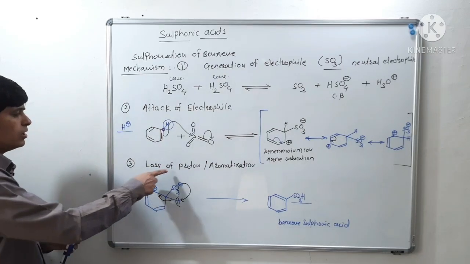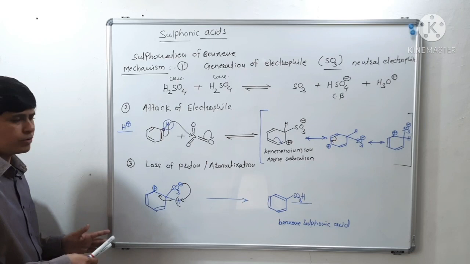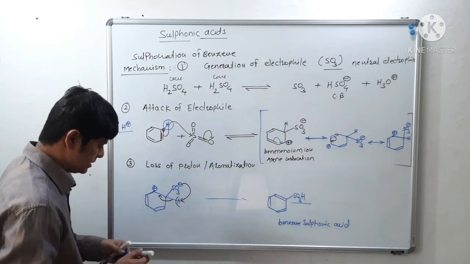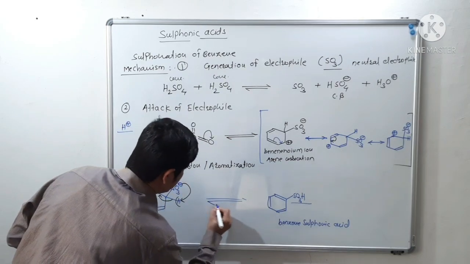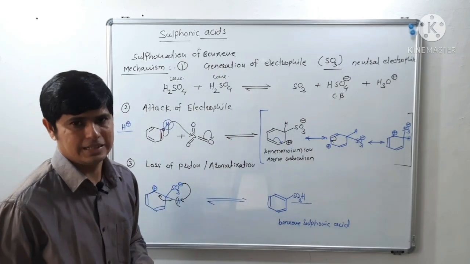Then the third step is loss of proton, or aromatization. Remember, this step is also reversible. So we will get benzene sulfonic acid.